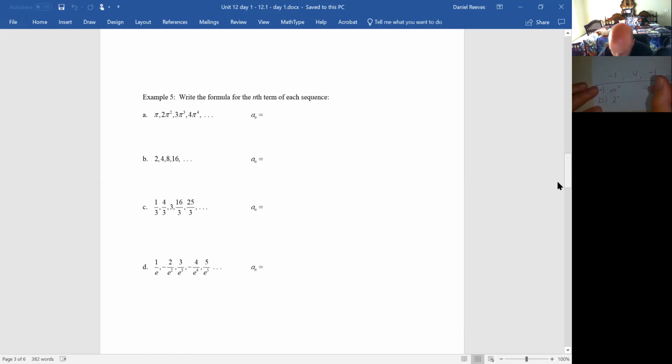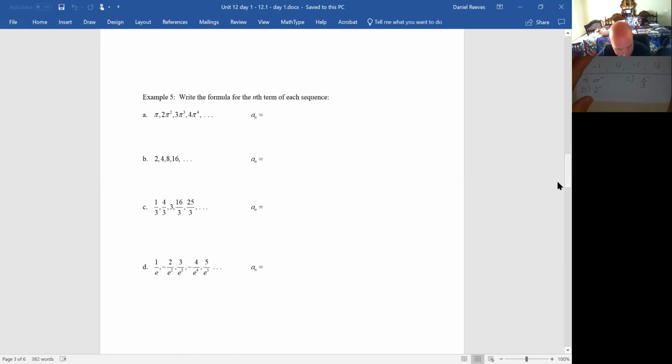For part C, what do we have there? 1/3, 4/3, 9/3. Okay, so it's always something over 3, and we seem to be n squared over 3.